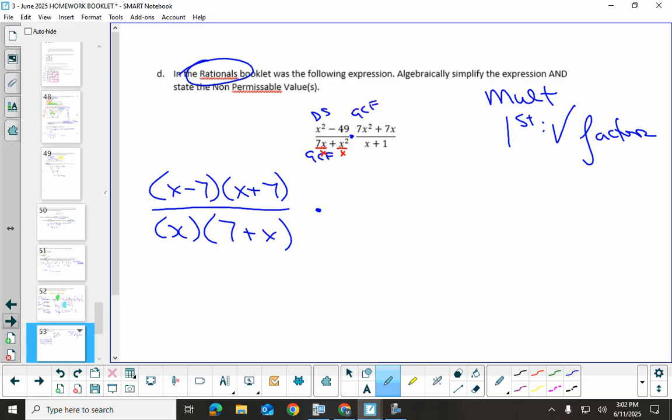That's a greatest common factor again. They each have a 7. They each have an x. So I'm left with x plus 1. At the bottom, there is nothing to do with that. So I'm left with x plus 1.